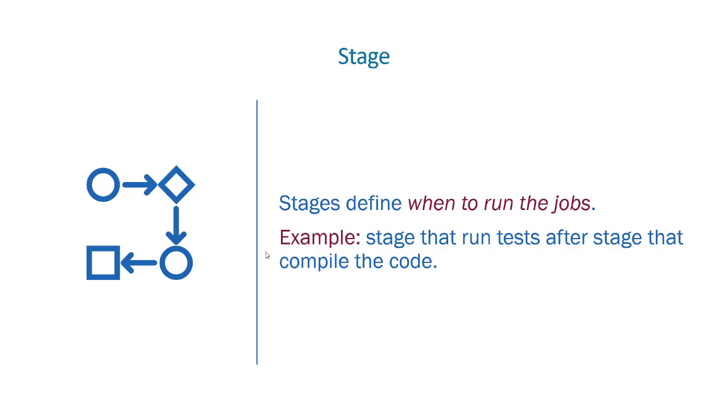Of course, here we're not talking about stage as in a theater, but we're talking about that ordering and that logical sequence of things that are going to happen, stages. So we basically have a similar concept in GitLab. For example, you could have a compile stage followed by a test stage followed by a deploy stage. And as you can see, all these stages, one stage happens after the other.